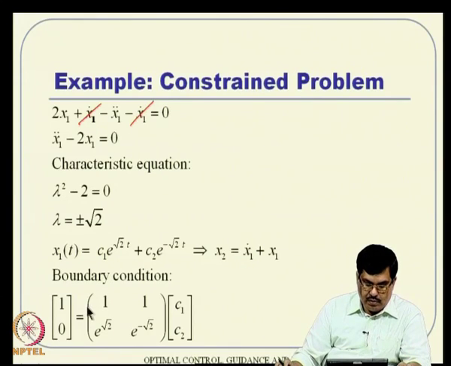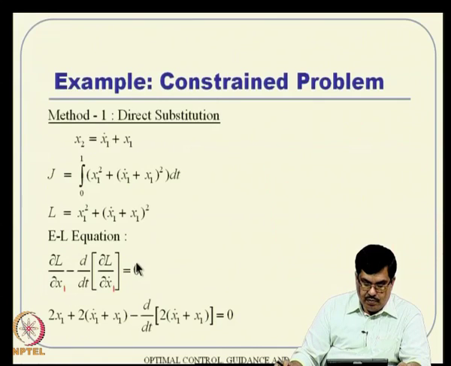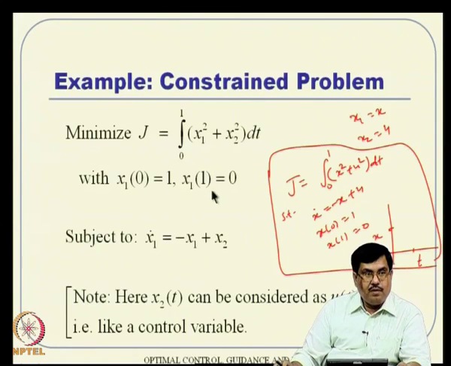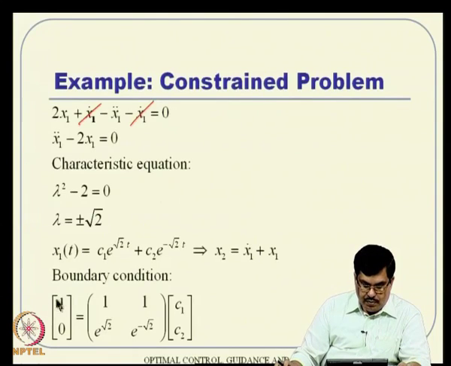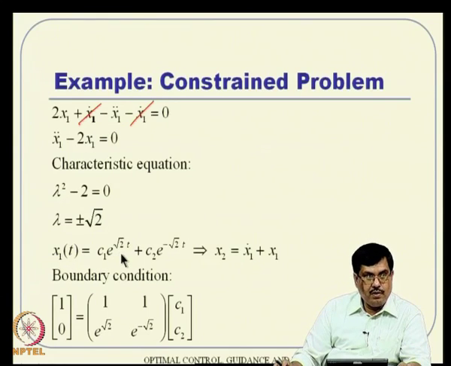The boundary conditions tell us that x1(0) is 1 and x1(1) is 0. So, when you substitute t equal to 0, e to the power 0 is 1 anyway. So, what does it give us? 1 equals c1 times 1 plus c2 times 1, so 1 equals c1 plus c2.